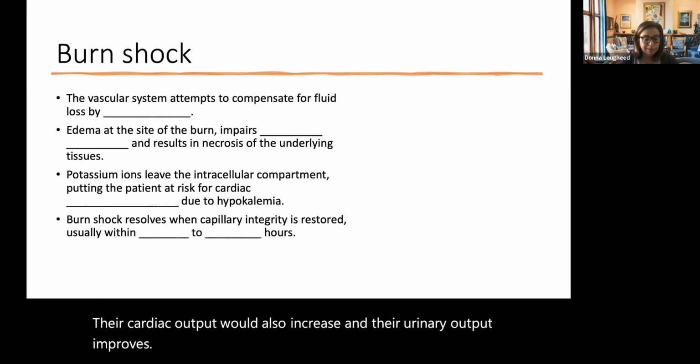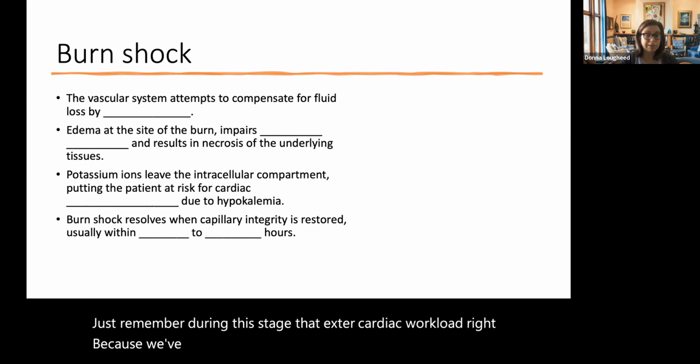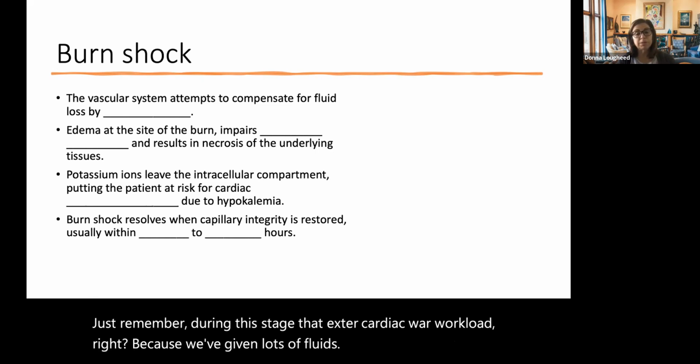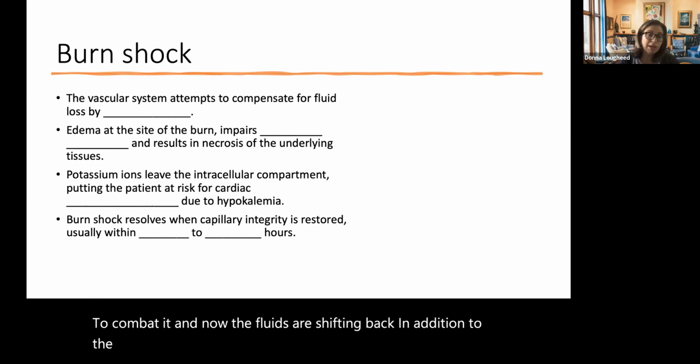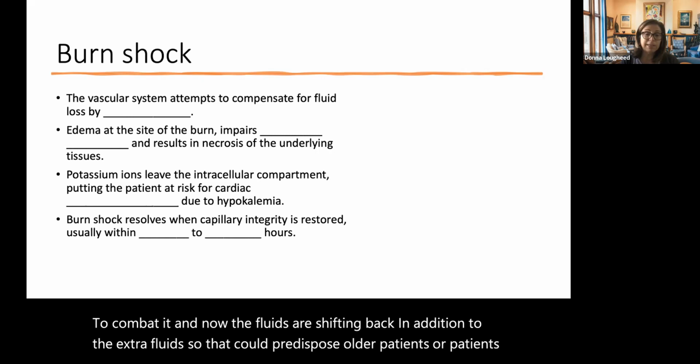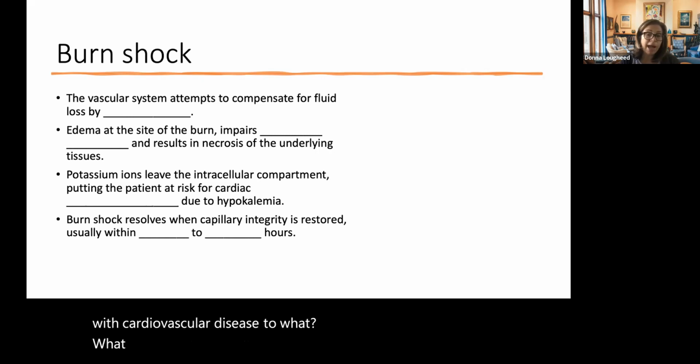Just remember during this stage that there is extra cardiac workload, right? Because we've given lots of fluids to combat the shock, and now the fluids are shifting back in addition to the extra fluids. So that could predispose older patients or patients with cardiovascular disease to what, do you think would happen with them?